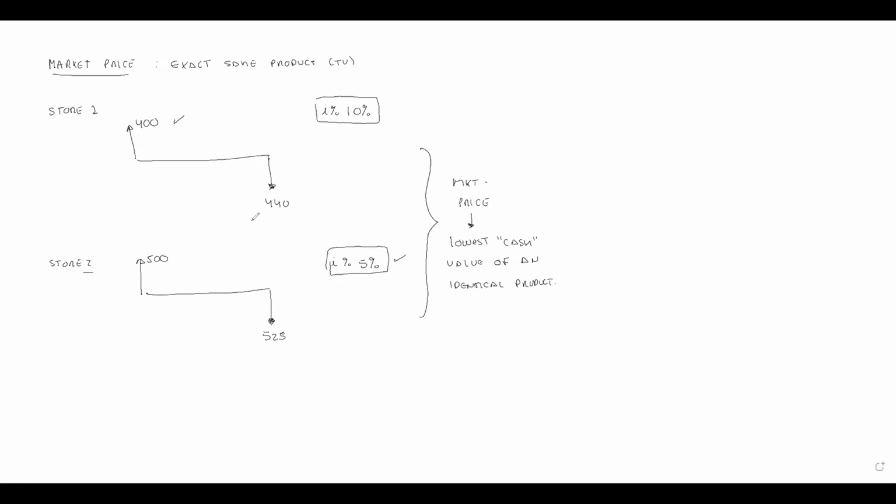My market value equals what? 400. Yeah, this is my market value, 400. And we use 400, guys, to evaluate everything. We're going to do this next class, but we use this number to evaluate everything.